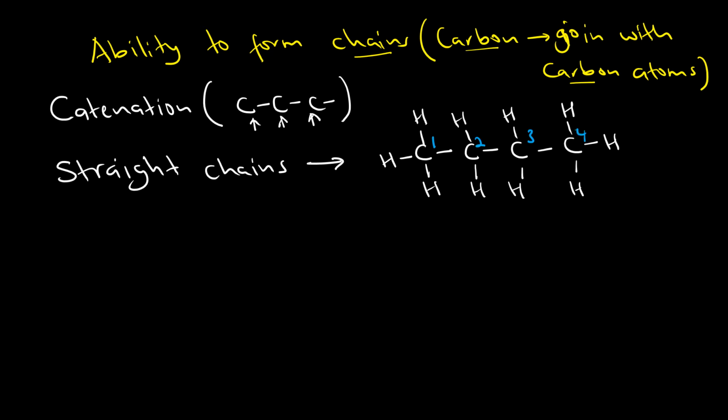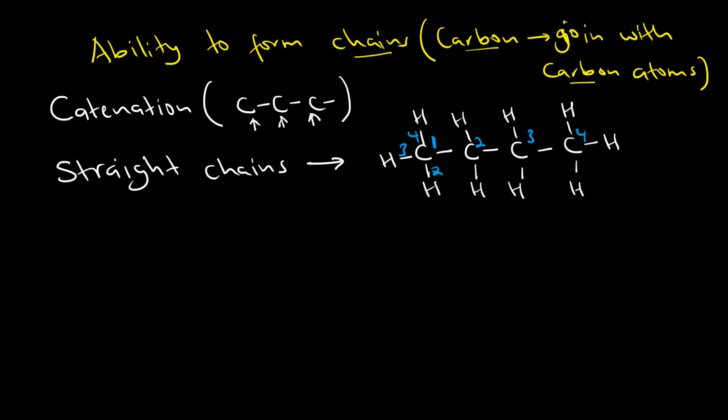So carbon has this ability of joining together to form a chain, and in each of these you realize that carbon will have 4 bonds. For example, this is 1, this is 2, this is 3, and this is 4. These are the 4 bonds. So each carbon atom will have 4 bonds.